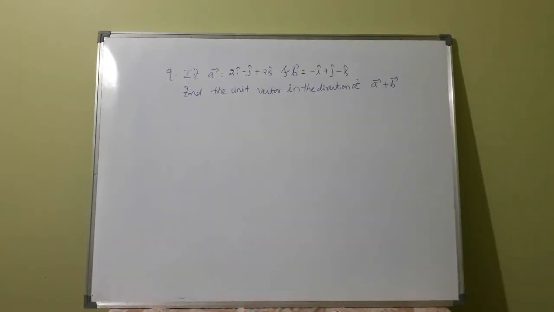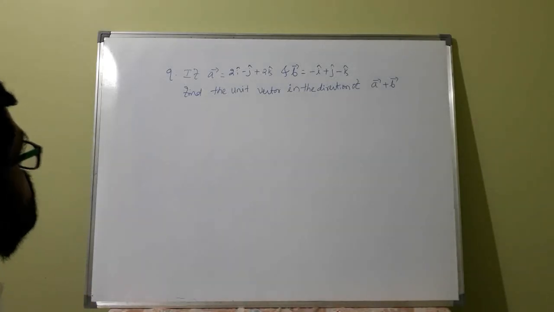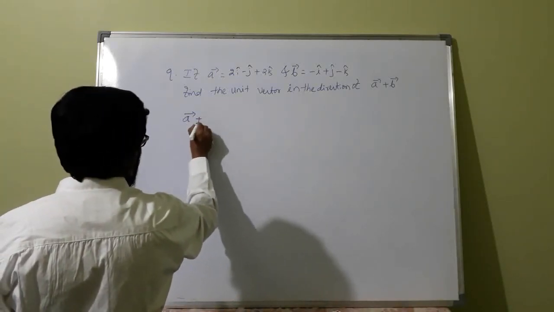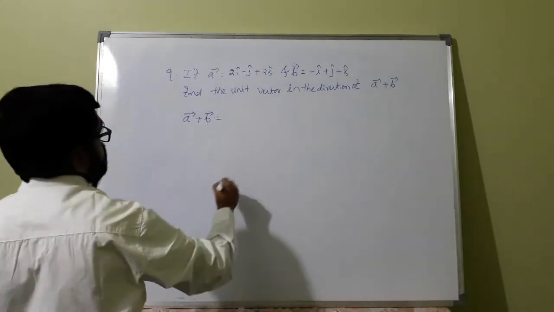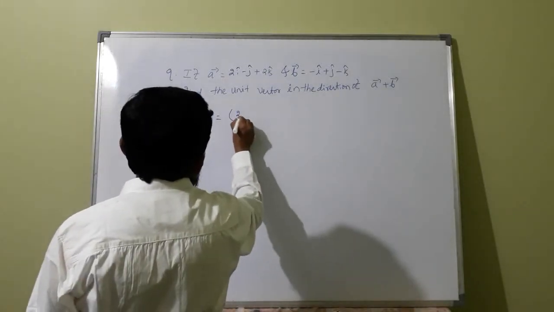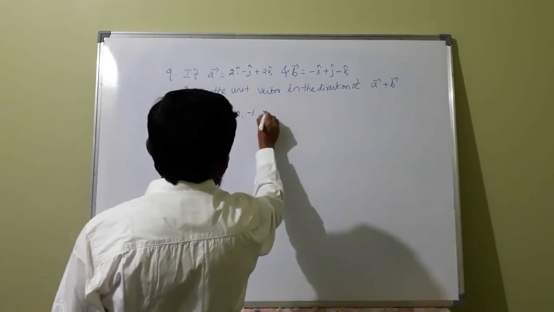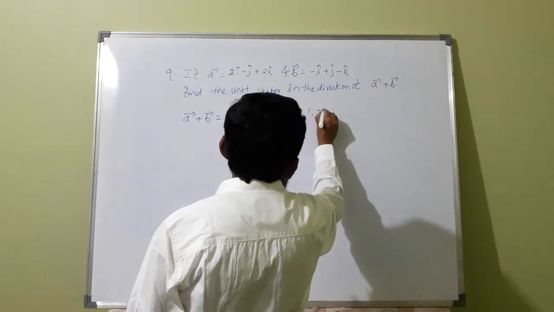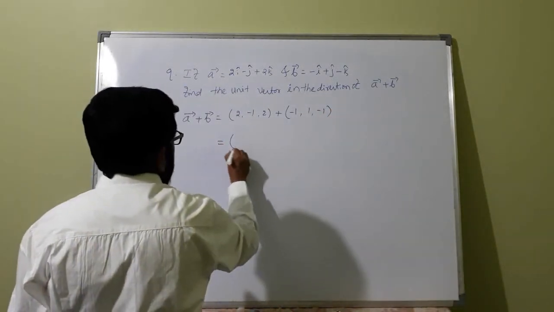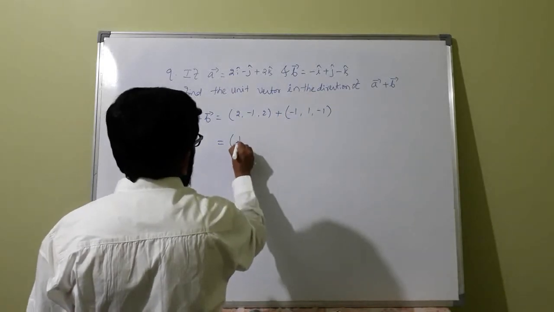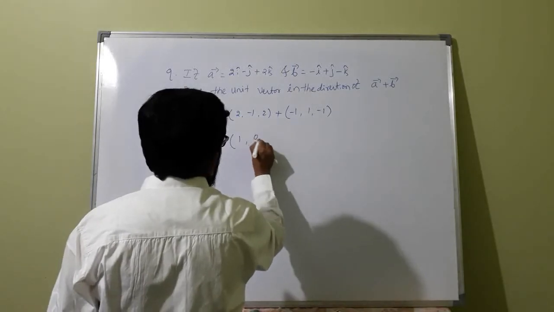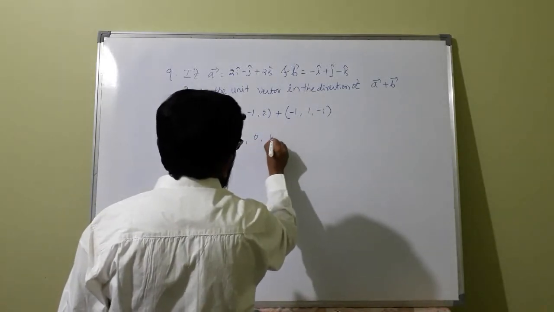So A and B are given. You are asked to find the unit vector in the direction of A plus B. See here, A plus B is equal to 2 minus 1, and 2 plus minus 1, 1 and minus 1. If you add this, 2 minus 1 plus 1 minus 1 plus 1 is 0, 2 minus 1 is 1.